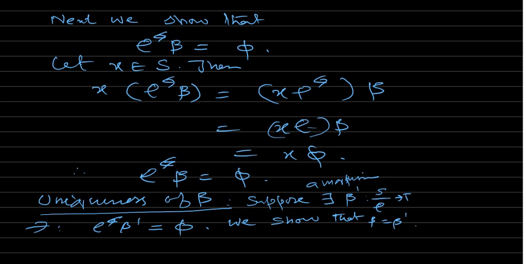So these are the mappings on S over rho. We choose an element from S over rho. Let x rho belong to S over rho. Then x rho of beta should be equal to x rho of beta dash.